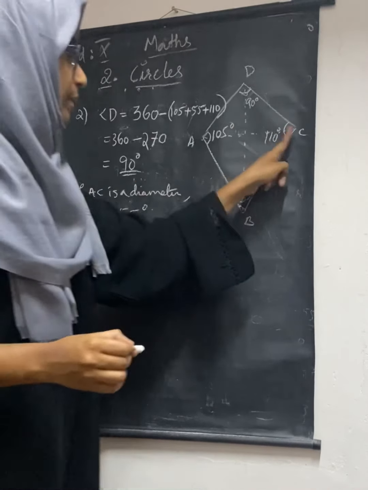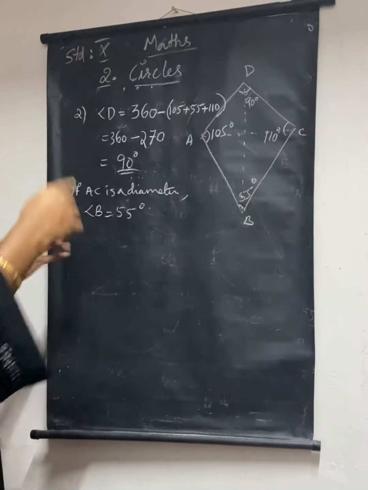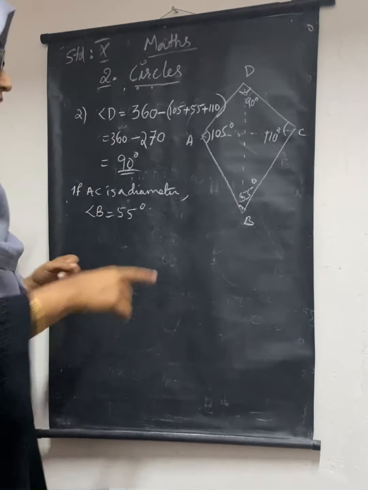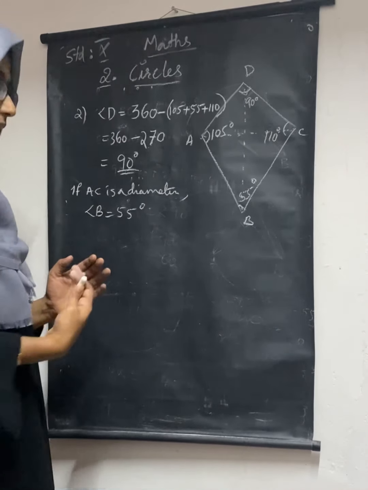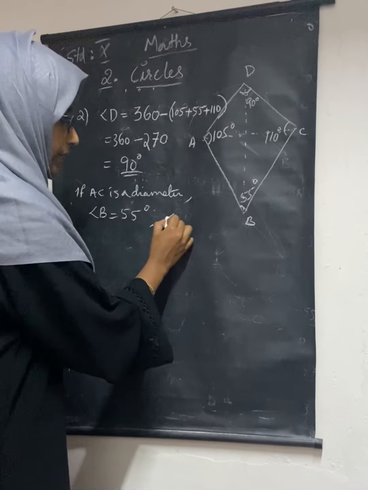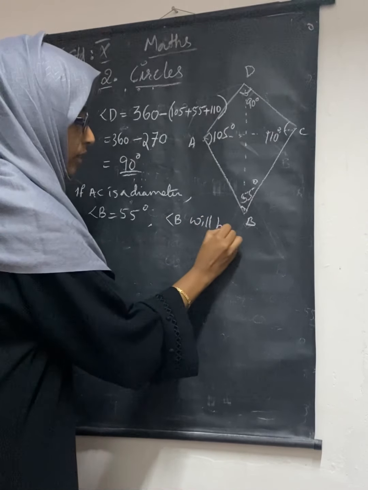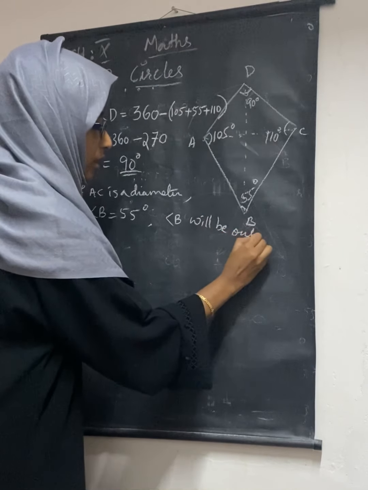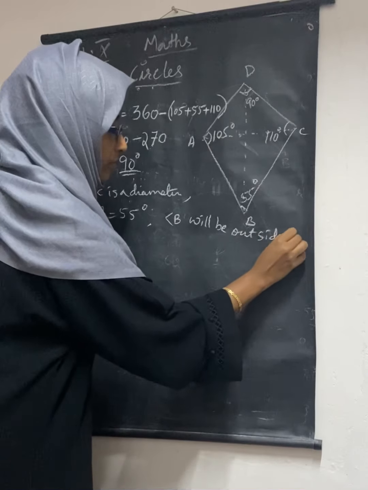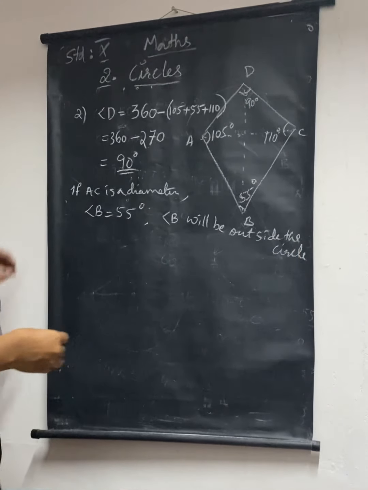If AC is a diameter, we focus on B and D. Now B is 55 degrees, whether outside, on or inside. 55 is less than 90 degrees. Less than 90 degrees means angle B will be outside the circle, because we know it is less than 90 degrees.